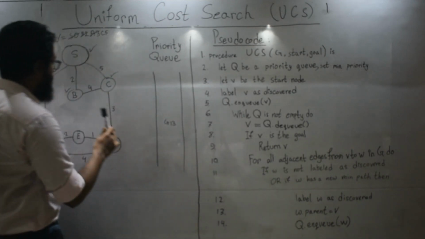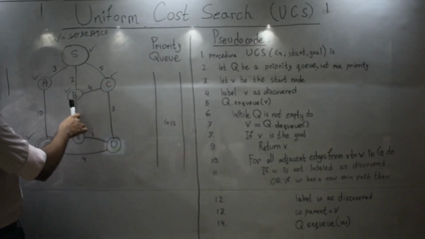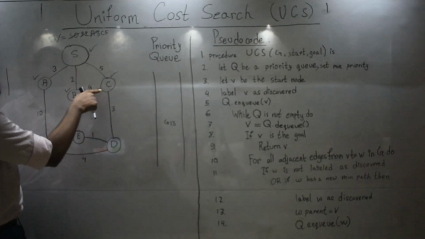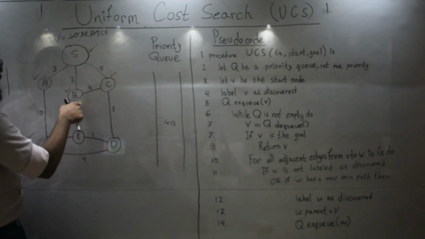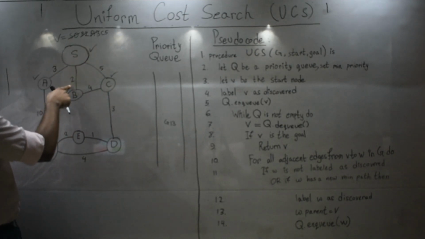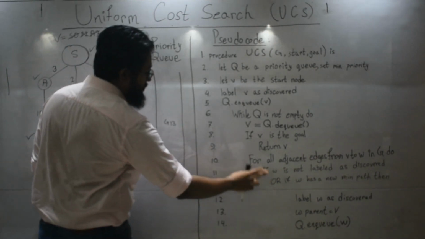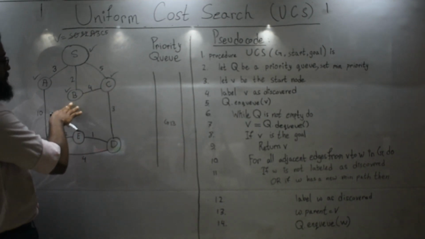So let's check the second one. Does B have a new minimum path cost? To go to B from C, you would need 5 and 4, 9. But B already has a path cost of 2. So this condition does not get fulfilled as well. So we have to discard this neighbor B.